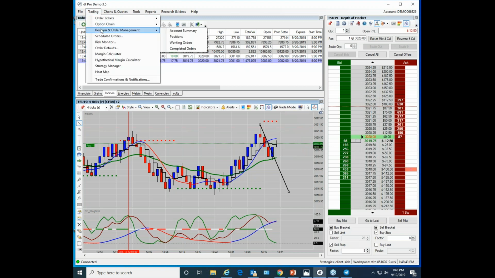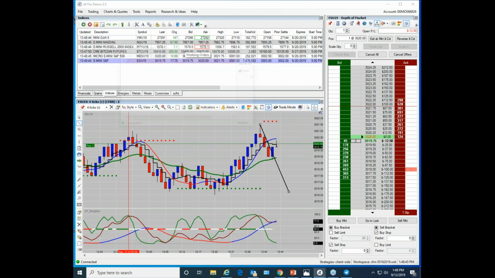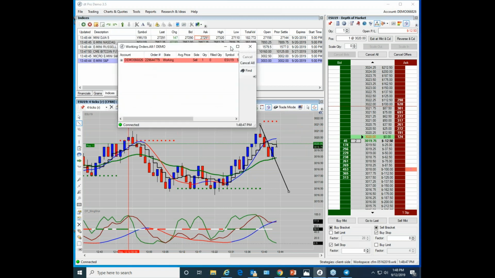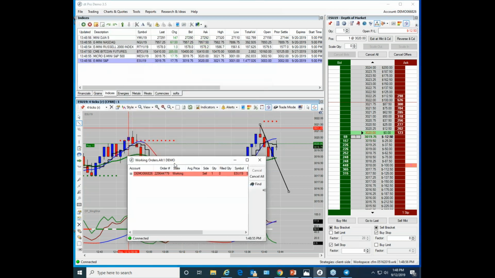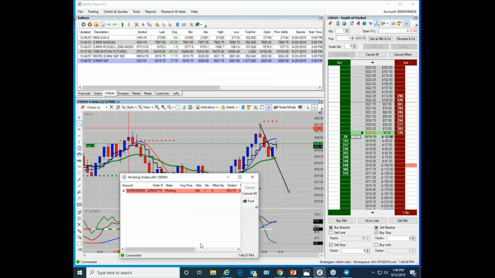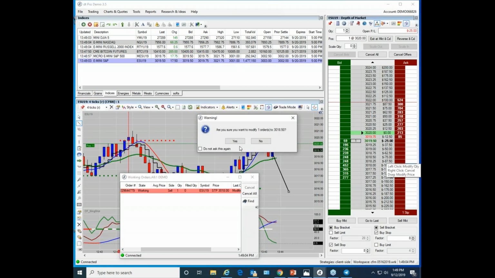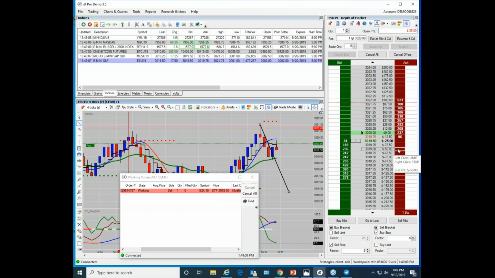What I also would add, everyone should have this working orders tab open. Trading, positions and order management, working orders. Should have that open. All right, notice that's where our stop is, right? 3018 matches this. When I move this, so does this price.